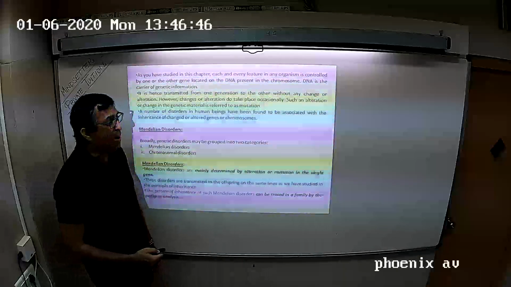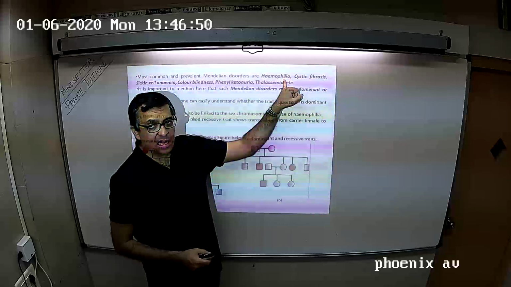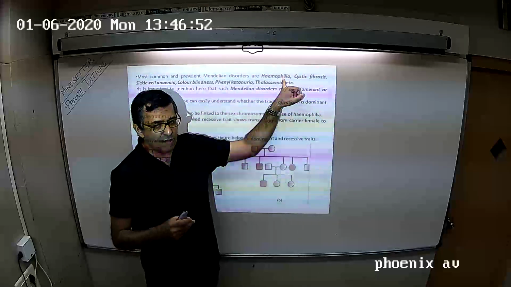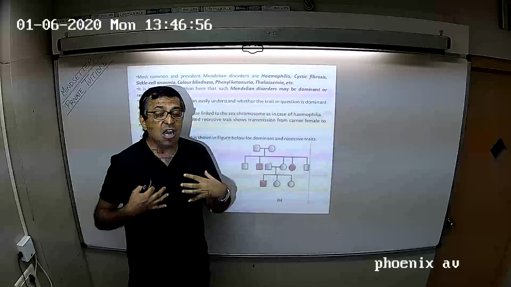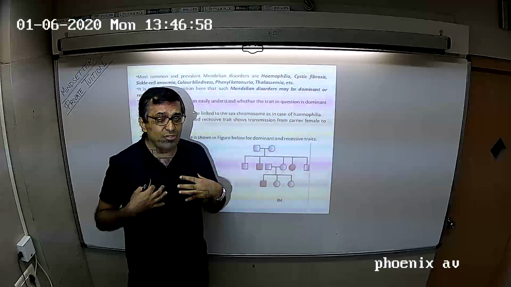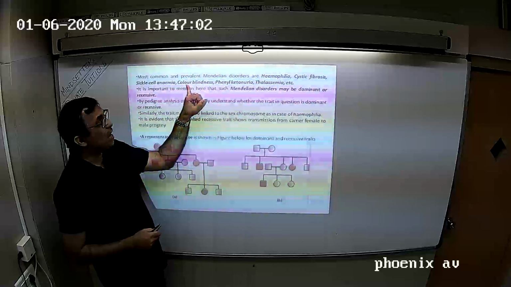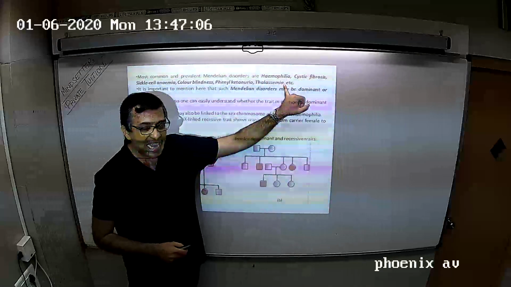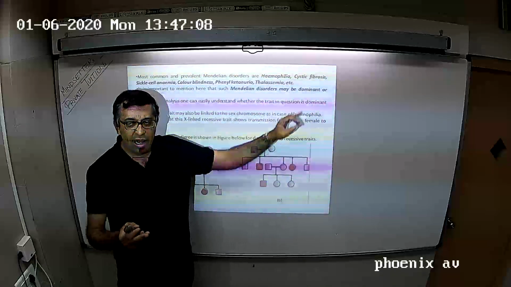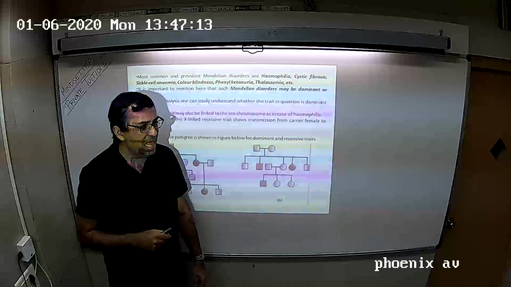So which are the Mendelian disorders? You have hemophilia, where blood doesn't clot, cystic fibrosis, which affects the lungs and there is difficulty in breathing. There is sickle cell anemia, color blindness, phenylketonuria, thalassemia, etc. are all examples of Mendelian disorders.